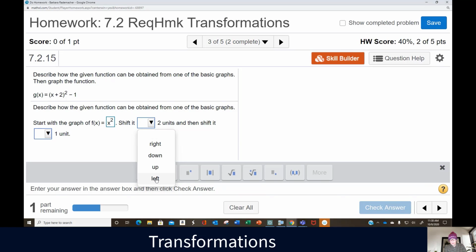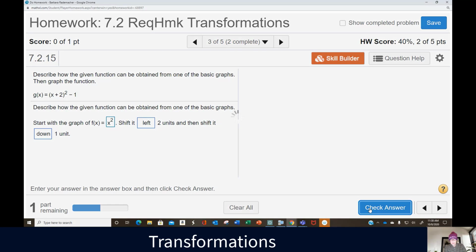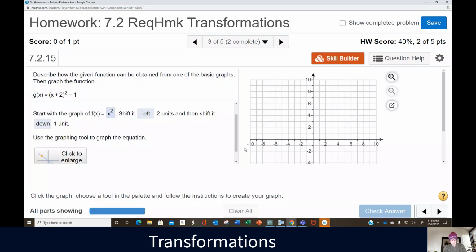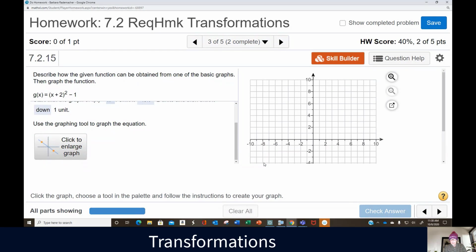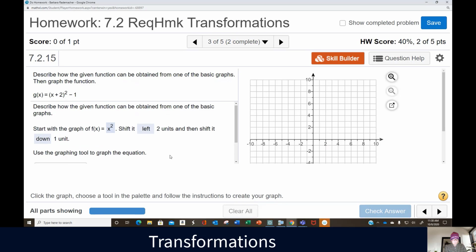So we're going to go left 2 units and then shift it. The other shift is out here. That's a vertical shift down. Down 1 unit. Okay. Did it say correct? Yes.